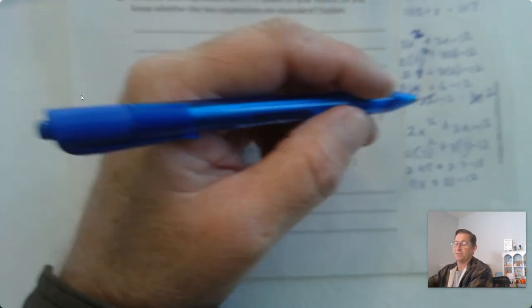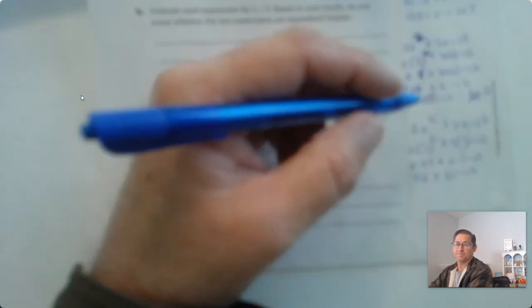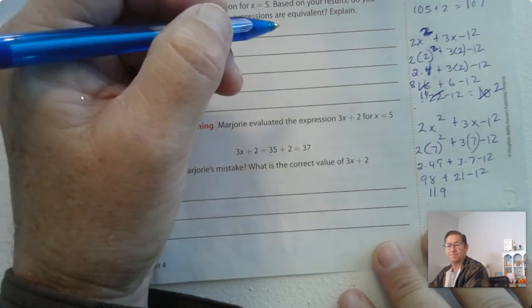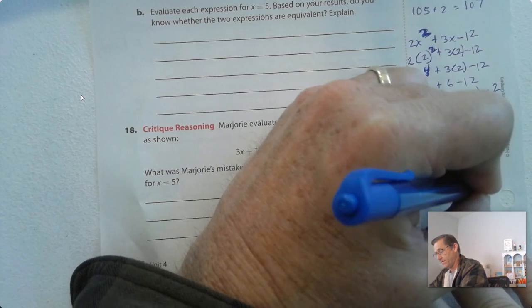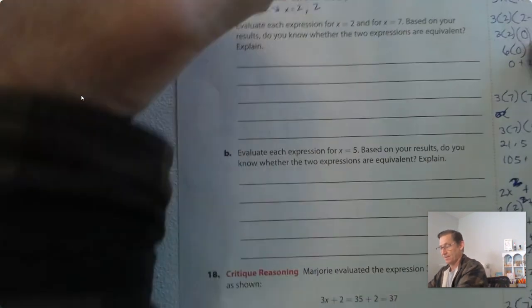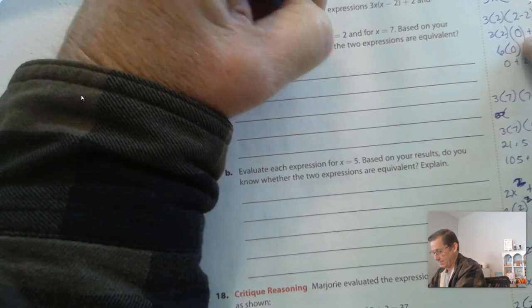Do the addition first. So 119 minus 12 gives us 107. So when x equals 7, the answer is 107.